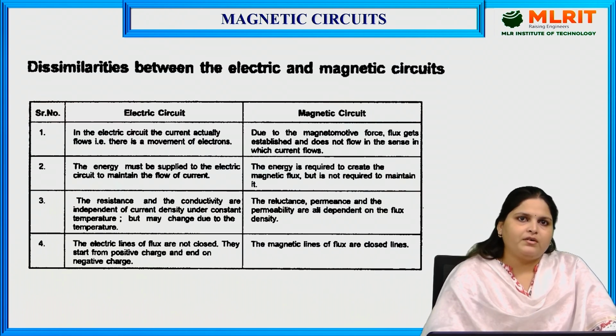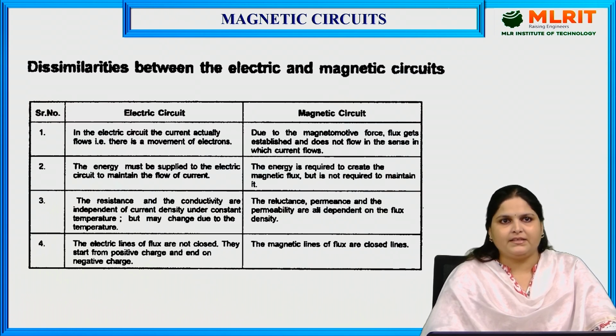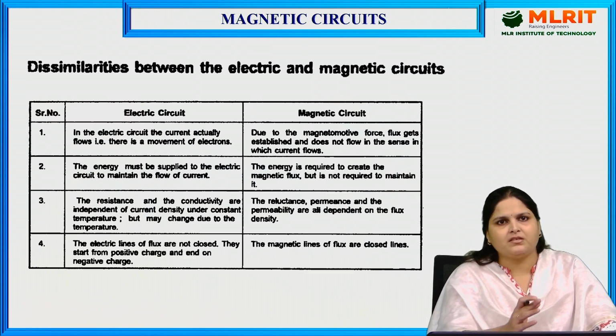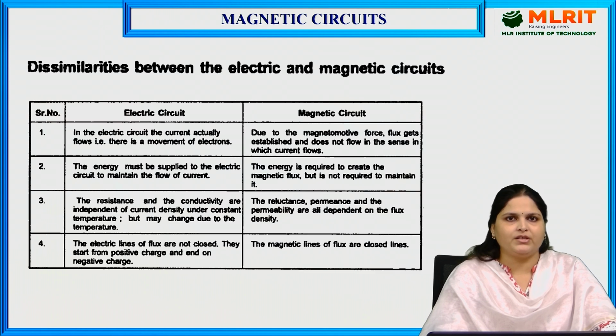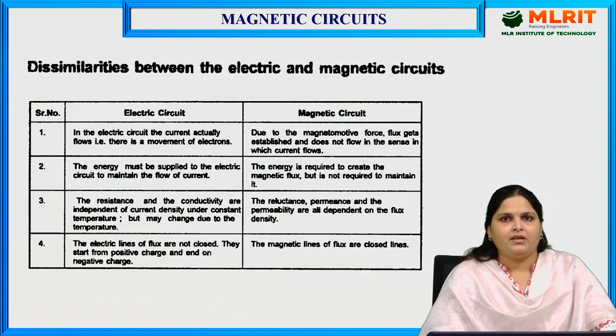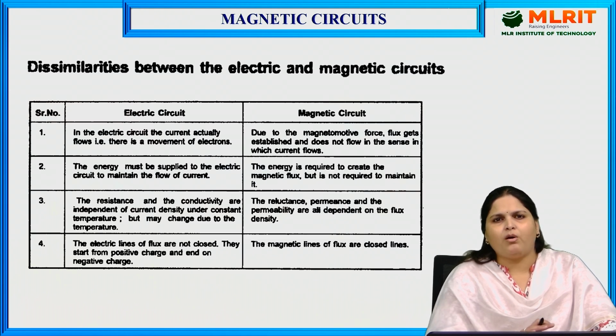Resistance and conductivity are independent of current density under constant temperature. But if the temperature changes, resistance and conductivity can change. But reluctance, permeance and also permeability are all dependent on the flux density, right?